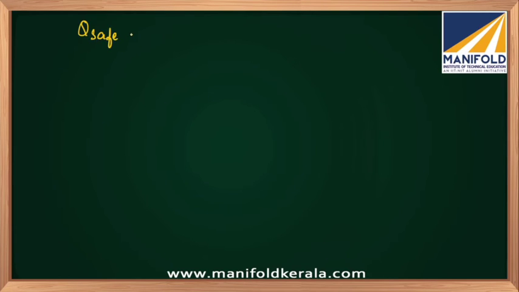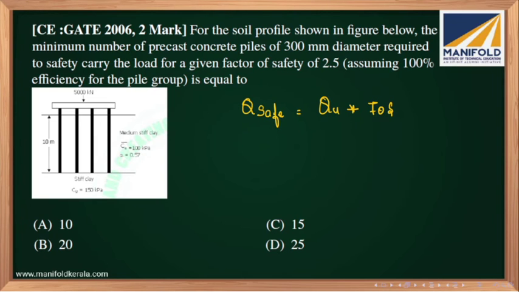Q safe is equal to N into the load carrying capacity by means of bearing and by means of skin friction. What is the load applied? 5000, and factor of safety was 2.5.